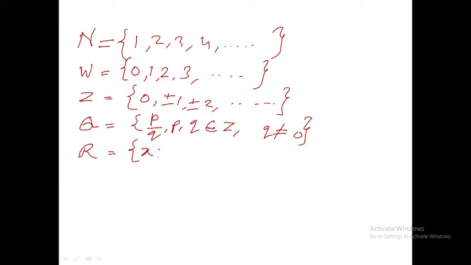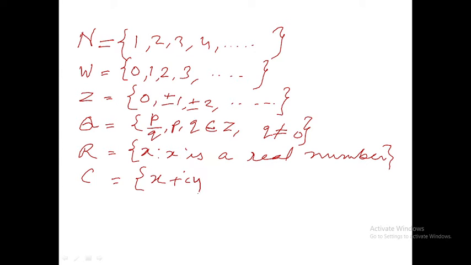Okay, x is a real number, and C denotes the set of complex numbers, x plus iy. Okay, that x and y are real numbers, and i equals square root of minus 1.